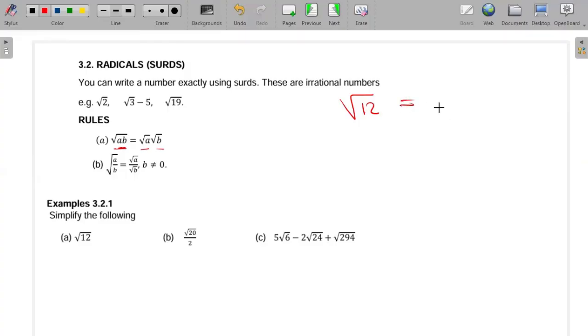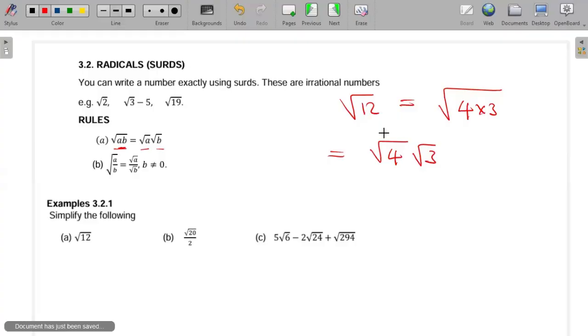From the square root of 12, I can get a perfect square where I have 4 multiplied by 3. By that property 1 which we've learned, I can write this as the square root of 4 multiplied by the square root of 3. The square root of 4 is just 2, and you have 2 square root of 3, like that. And you have simplified just like that.